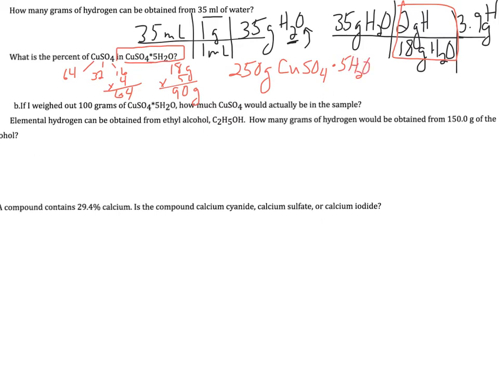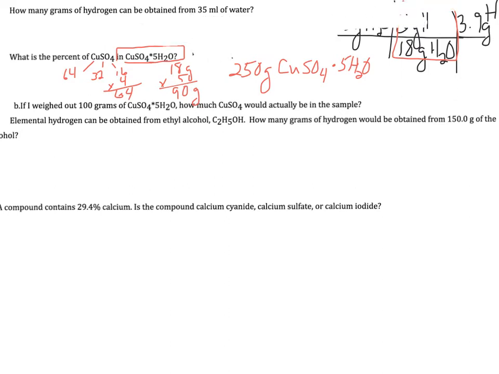And if we're doing percent mass, let's see if I can grab this. Sorry, hang on for a second. We want to take that 250 and we want to divide it by the mass of just the CuSO4. And the mass of the CuSO4 is going to be 64 plus 32 plus 64.